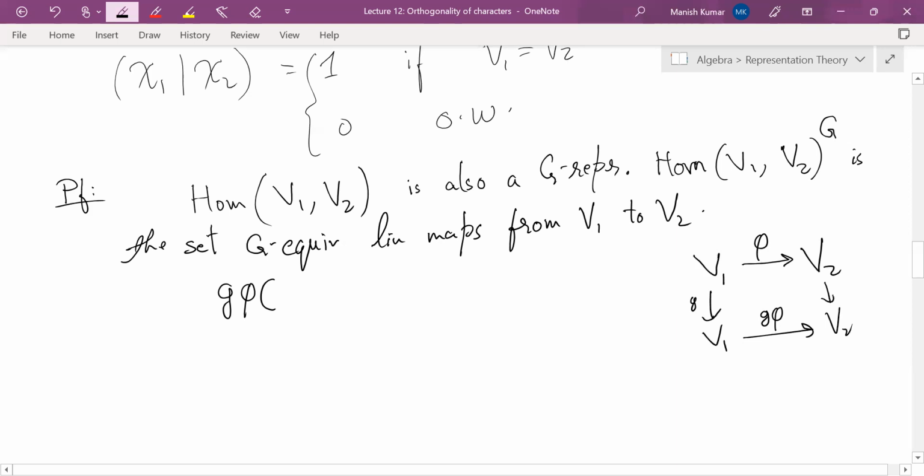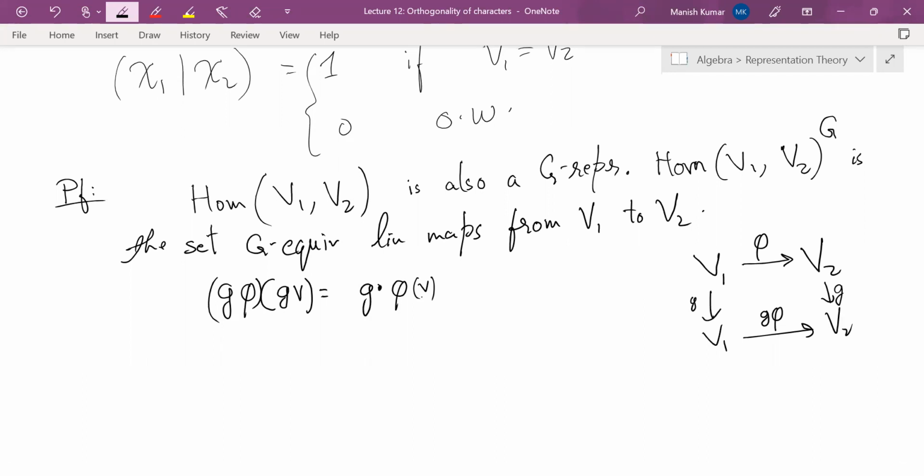G phi of GV is the same as first you apply phi to V, and then apply G to it. The second one is the action. So G dot phi V is the action on V2. So this is how it was defined.